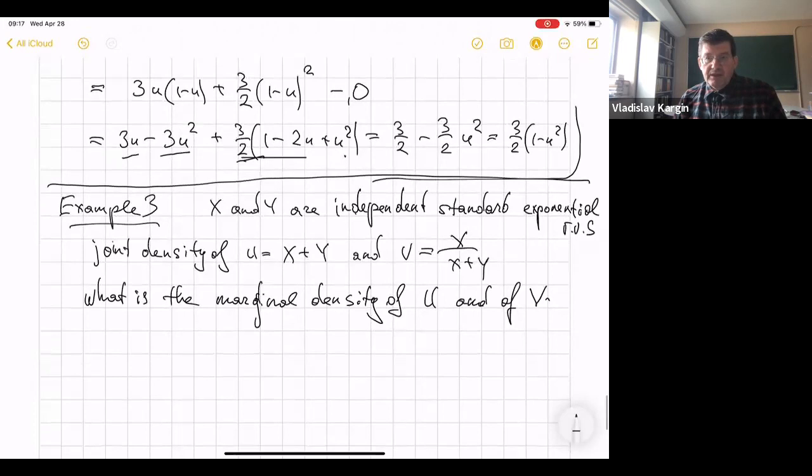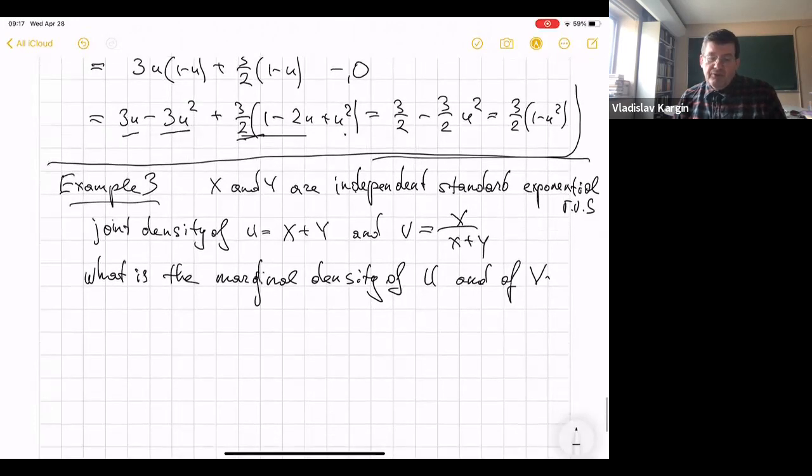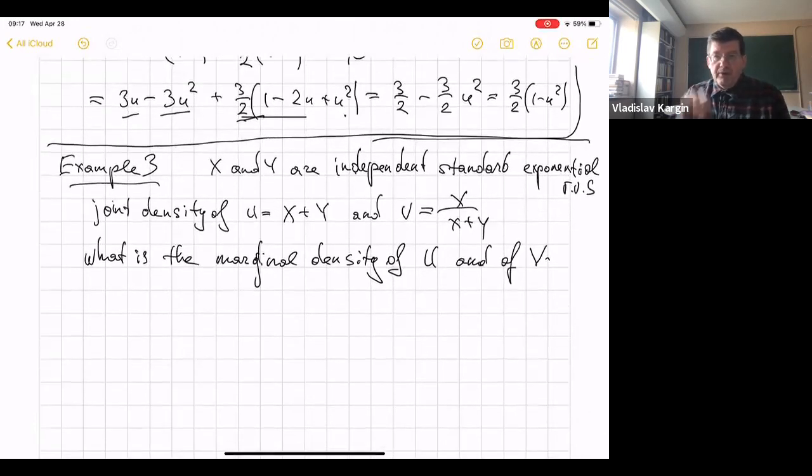We will see an easy example later. But this is an example. So now how can you do it?